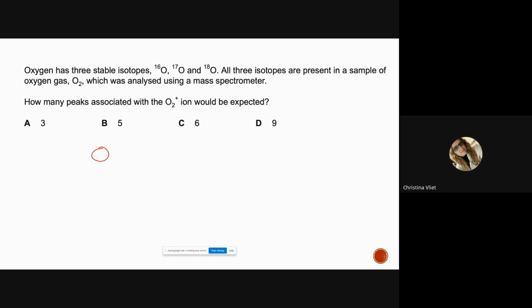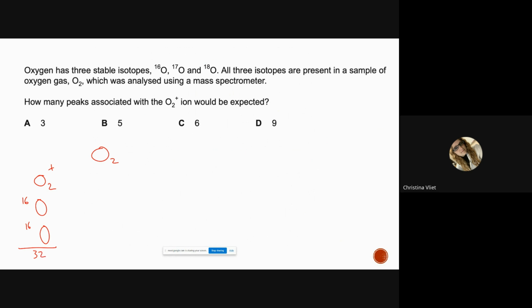It could be any combination of 3 oxygen isotopes contributing to O2. So you could have O2 comprised of oxygen with a mass of 16 and another oxygen with a mass of 16, and the mass of this O2 would be 32.